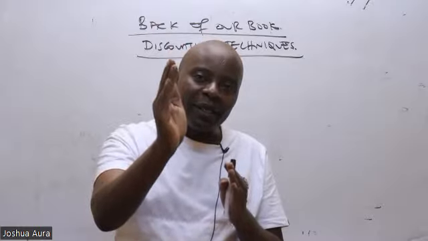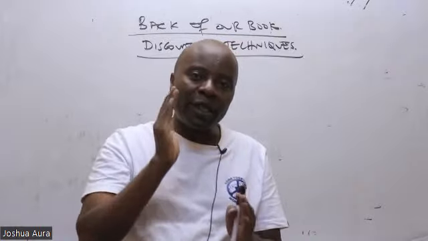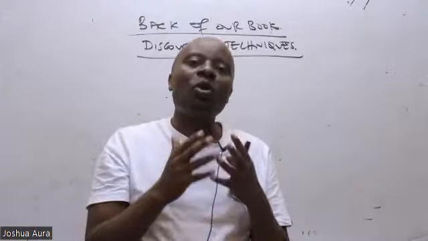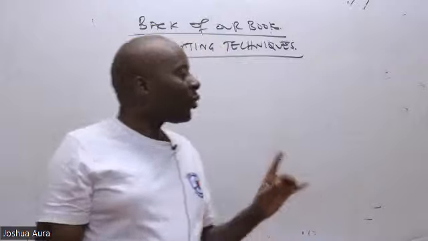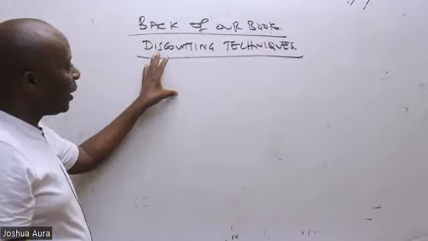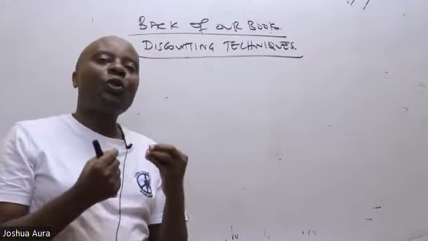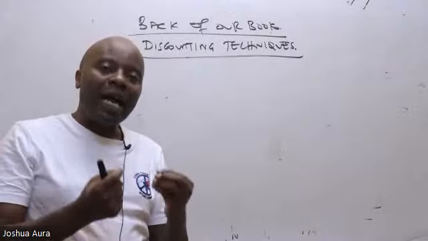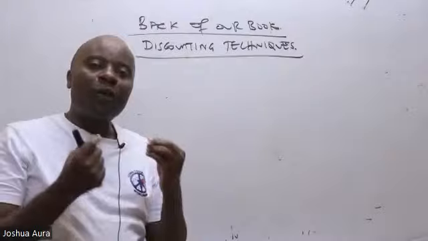Ladies and gentlemen, listen to me very well, and I'm so happy because I'm now seeing the numbers are increasing. There is what we call time value of money. So for us, what you're supposed to know is that when we talk of discounting, basically discounting techniques are techniques that are used to determine the present value of cash flows.